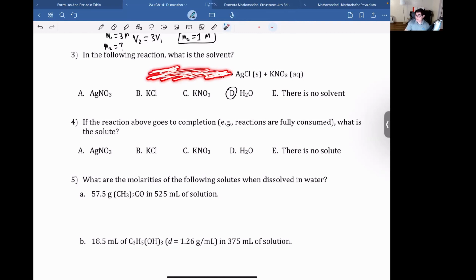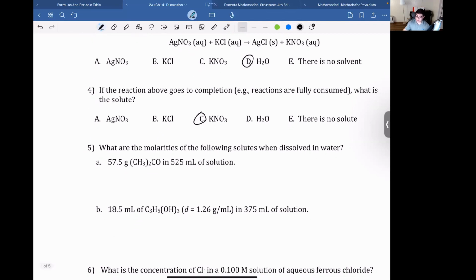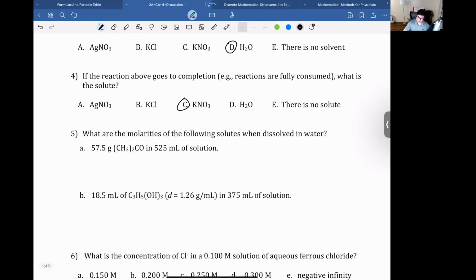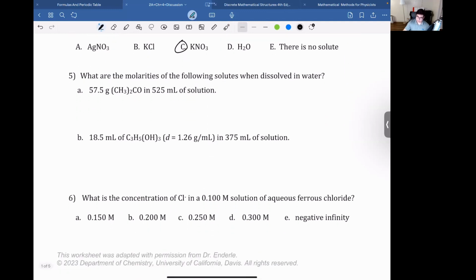They're completely reacted. You have a solid and you have something dissolved in it. The solute is the thing that's dissolved. So it's that one. Something solid that forms because of a reaction in solution is a precipitate. But the solute has to be dissolved or it's not a solute.